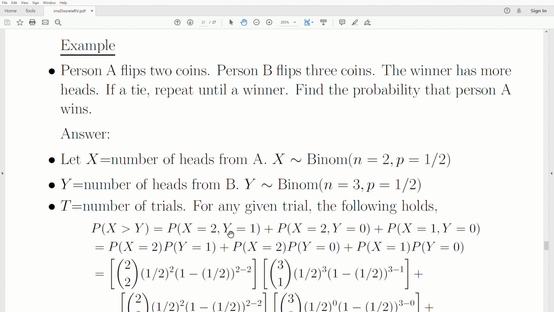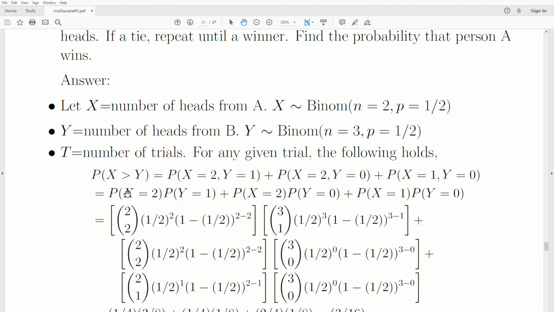So A flips 2 heads, person B flips 1 head, or that X equals 2, Y equals 0, or X equals 1, Y equals 0. Since X and Y are independent of each other, it ends up being the product of these two probabilities, but these each have a binomial distribution. X is a binomial random variable, so we can plug it into the binomial density. N is 2, x is 2. P is 1/2 raised to the x, which is 2, and (1 minus P) to the power 2 minus 2.